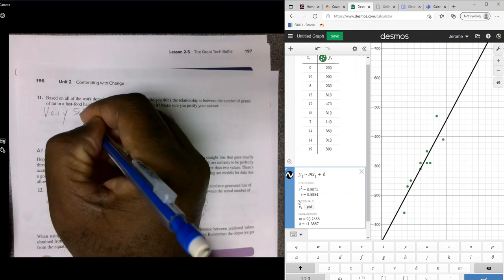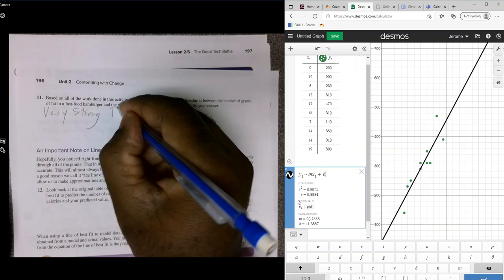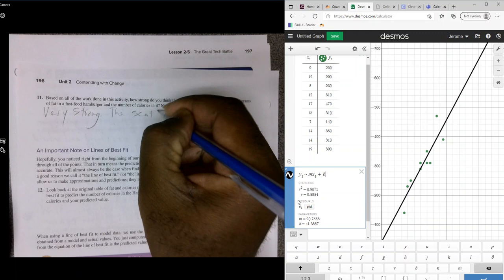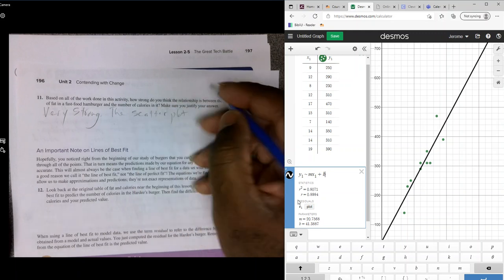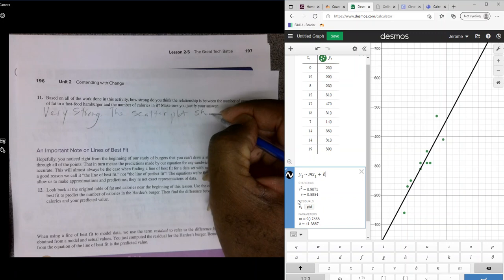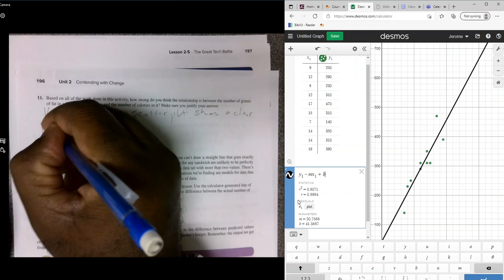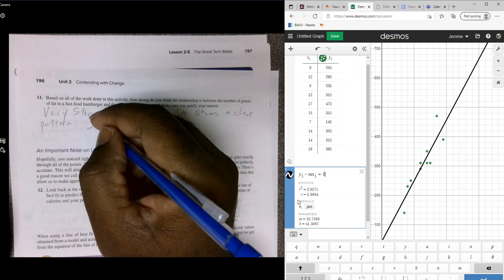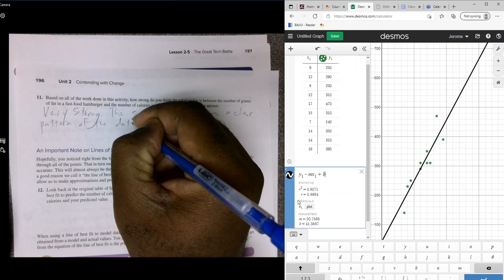The scatter plot shows a clear pattern of the data points which almost forms a line.